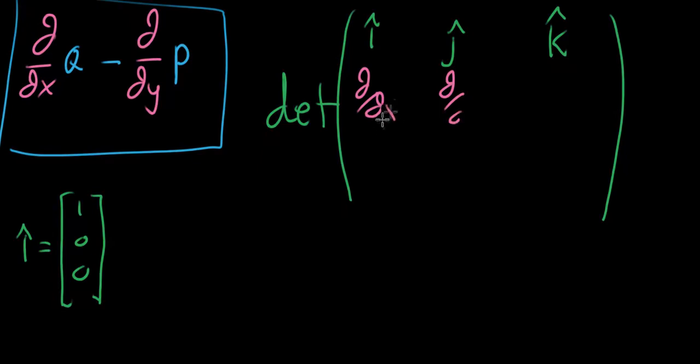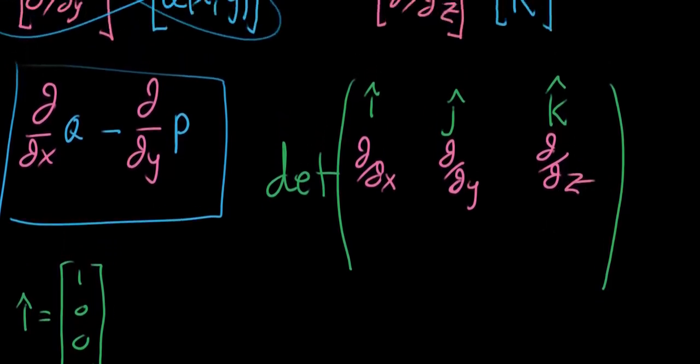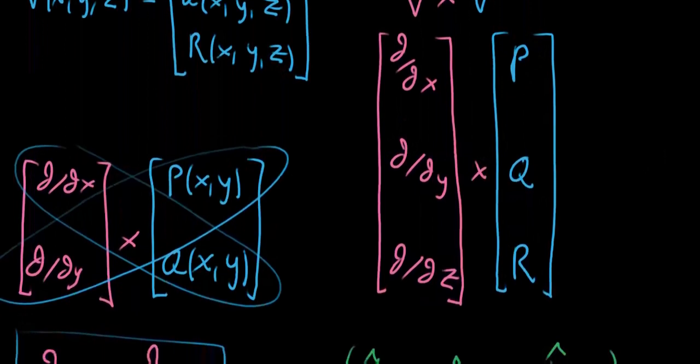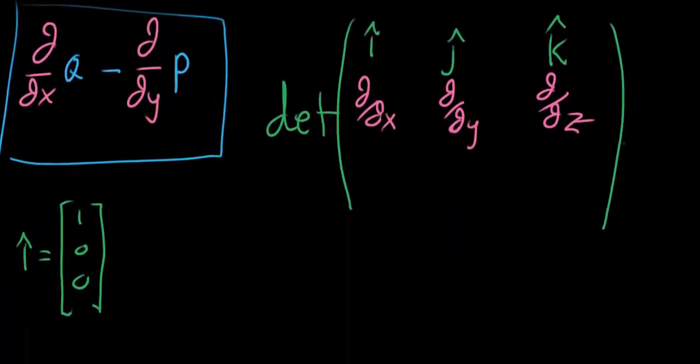You do whatever the first component is first, and then the second component second, and the third component, the z, partial z. I don't know why I'm making that little mistake. And then for the last row, you put in the second vector, which in this case is the vector-valued function p, q, and r. P, which is a multivariable function, q, and r.